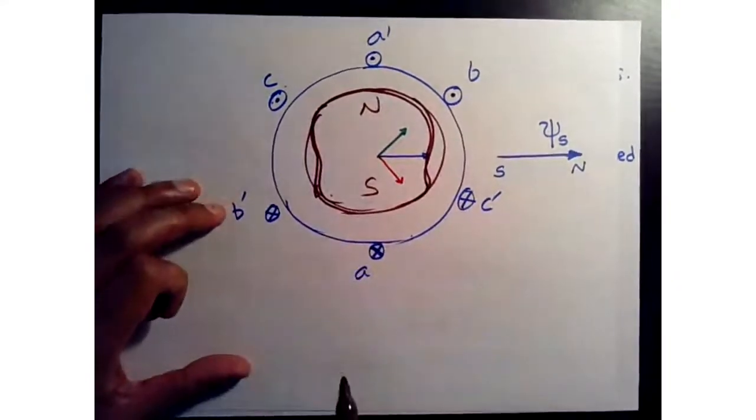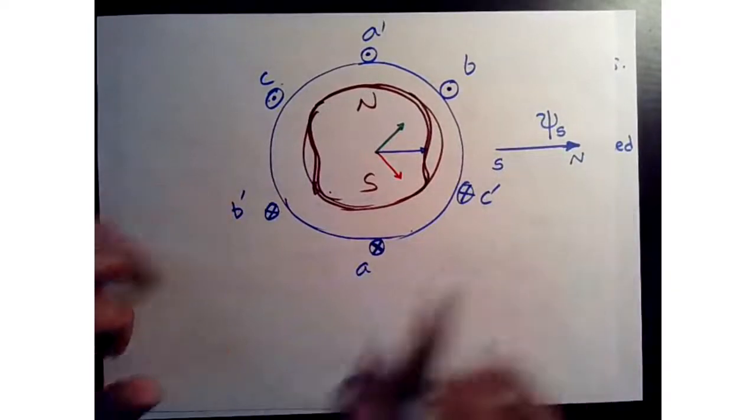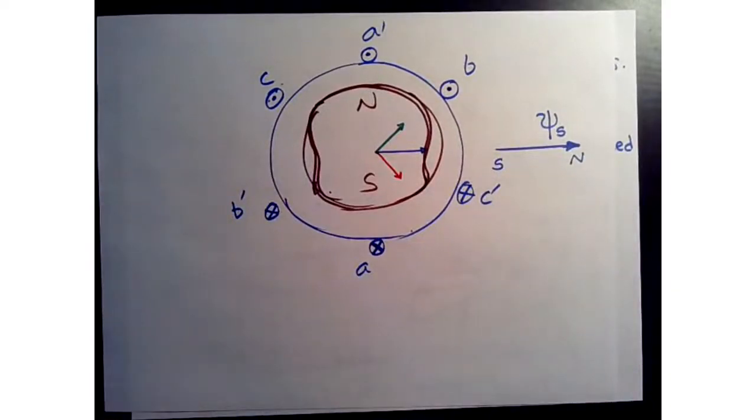How will this rotor magnet align given this condition? How will the rotor align?